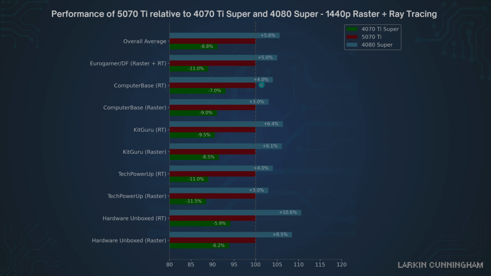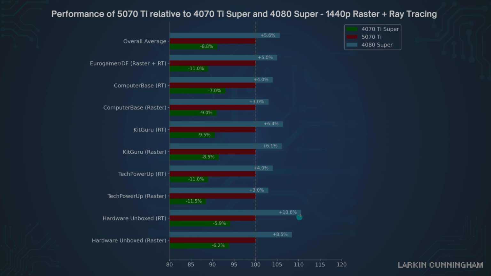Now, what's interesting is that the 50 series was touted as being this ray tracing powerhouse. There was going to be massive improvements. But when you look at the RT results, actually the 4080 Super gains ground on the 5070 Ti.